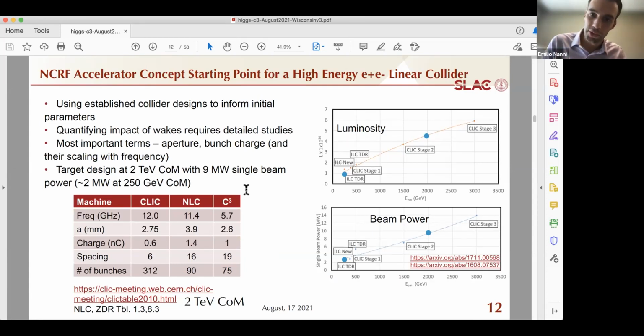So to your first question, the parameters we've picked for 250 GeV center of mass should give 1 × 10^34 luminosity, and is shown here on this plot in direct comparison with the original ILC TDR at 250 GeV center of mass.